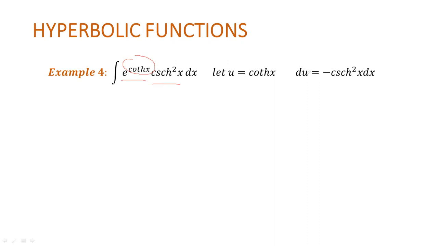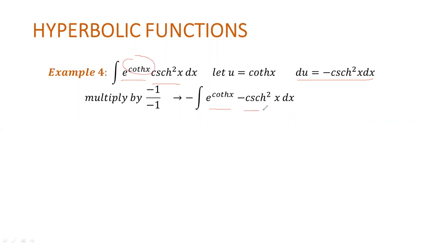So it's written here already. So the only thing that's missing here for the derivative of the argument of your exponential function is the negative sign. So we can address that easily by writing a negative sign in here and writing a negative sign outside your given integral. So if it's done in this manner, you could see that you have already e^u as your main function, and this is the du.